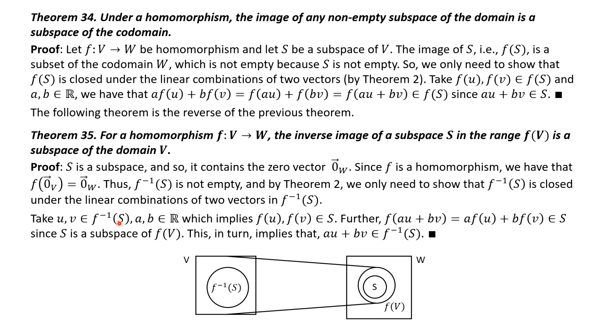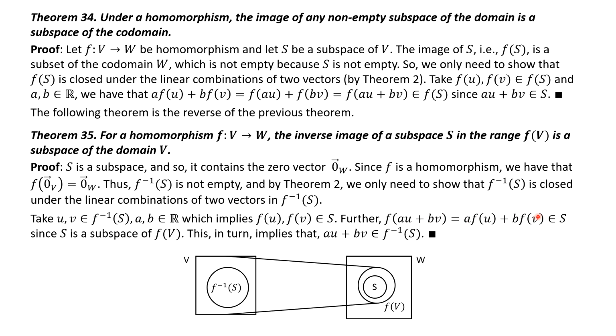So take two elements in F inverse S and two scalars. The fact that these are elements of F inverse S implies that F evaluated at U and F evaluated at V are elements of S. Then we have that F of aU plus bV equals a times F evaluated at U plus b times F evaluated at V, since F is a homomorphism.